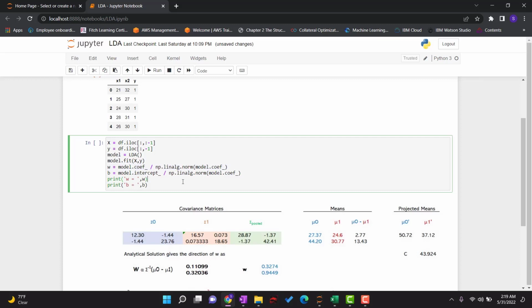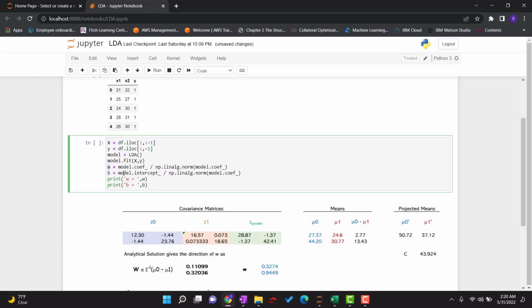So divide it by numpy.linalg.norm of the vector. It could be scaled by any amount, I don't know, but normalize or standardize that by dividing it by the length of that vector. Okay, so this will give me the unit vector W.